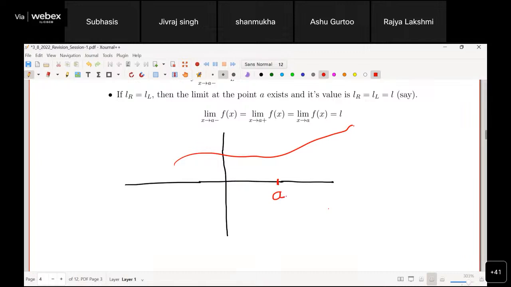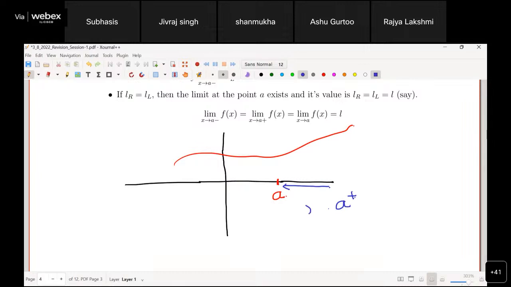At a point A, we want to check the limit of this function. So here, what we do is try to find the right hand limit of the function. We need to check where the value of the function approaches when we are coming to A from the right hand side, so we write A plus.